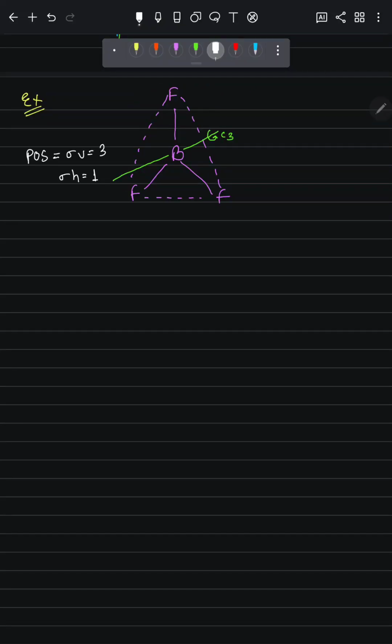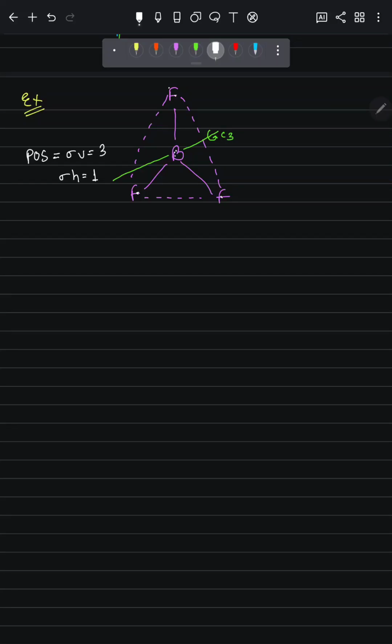So in this molecule there are three sigma vertical planes present, each cutting through B and F one time, and reflecting the other two fluorines. And there is also one horizontal plane.